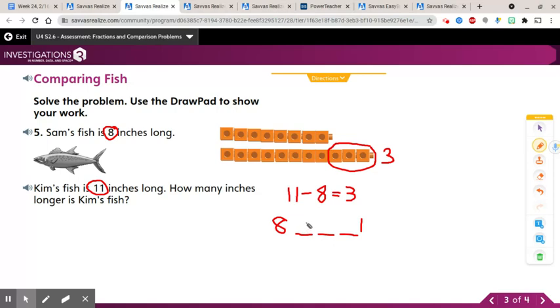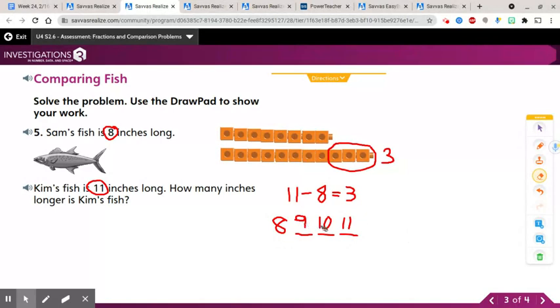So I would say 8, 9, oh, I think I had one more spot. 8, 9, 10, and 11. I'm going to erase that last line right there. I don't need that. There we go.